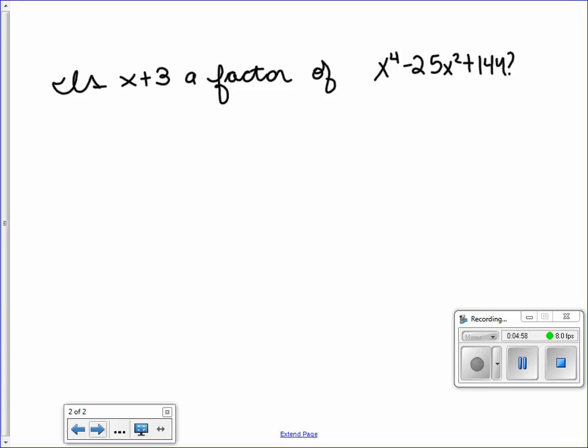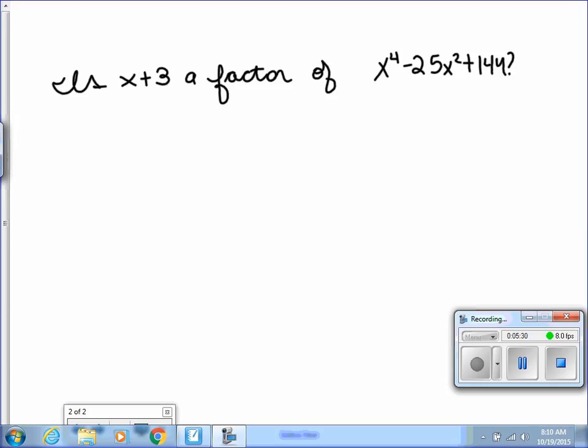Alright, to find out if it's a factor, you're going to use synthetic division. What do you notice about this problem, though? There's no x to the third or x. Right, there's no x to the third and there's no x. You got to fill those spots in with zeros. If it's a factor, what's your remainder going to be? 0. And if it's not a factor, then it's anything but 0. Okay? Alright, so try that one.